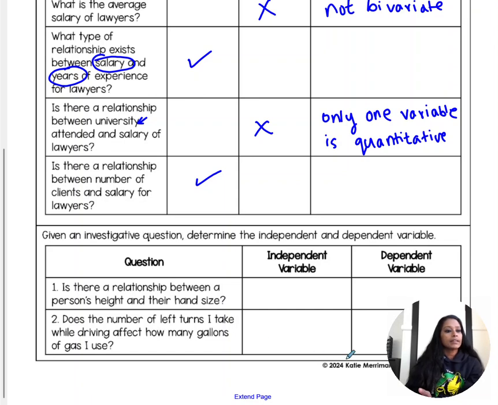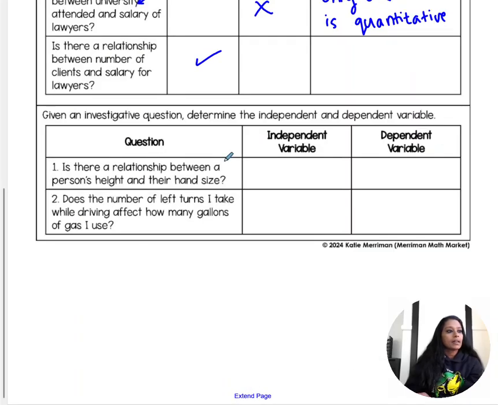So here it says, is there a relationship between a person's height, that's quantitative, and their hand size? So basically, what you're looking for next is, we have to see if one thing depends on another. So we have to think about the independent variable.